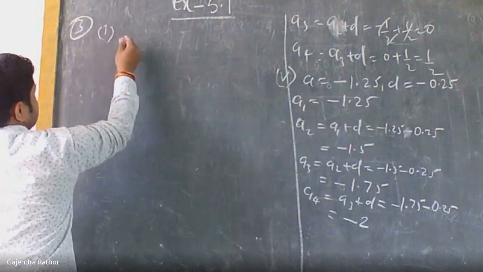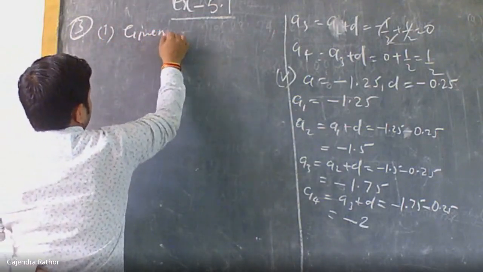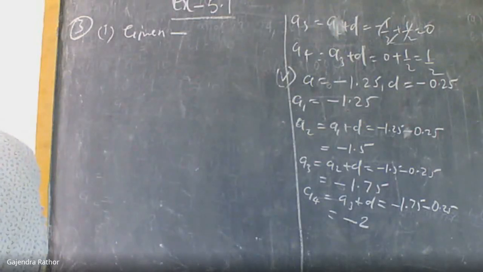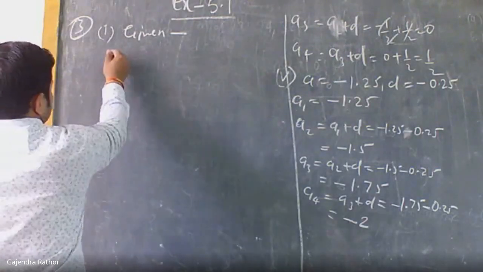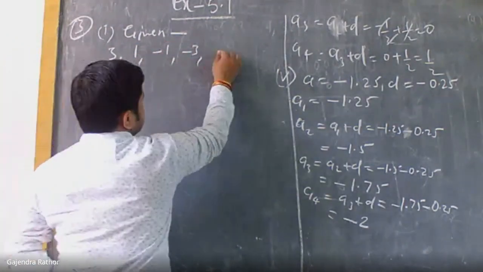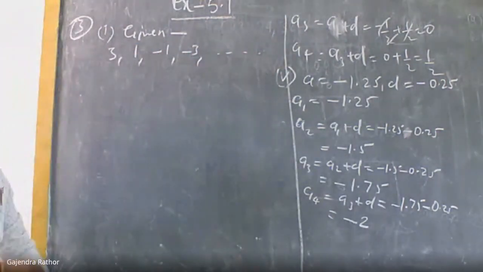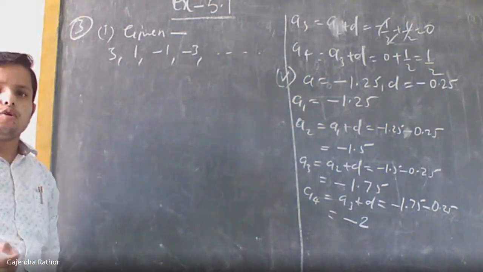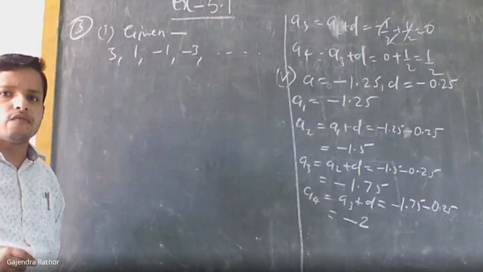First point. The AP given is 3, 1, minus 1, minus 3, and so on. This AP is given, so we have to find two things, the first term and the common difference.